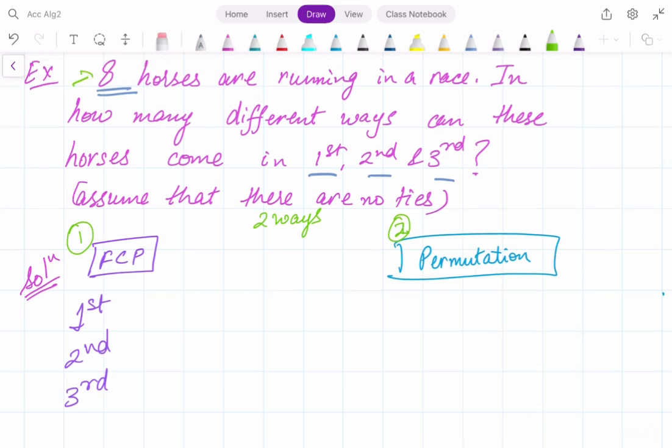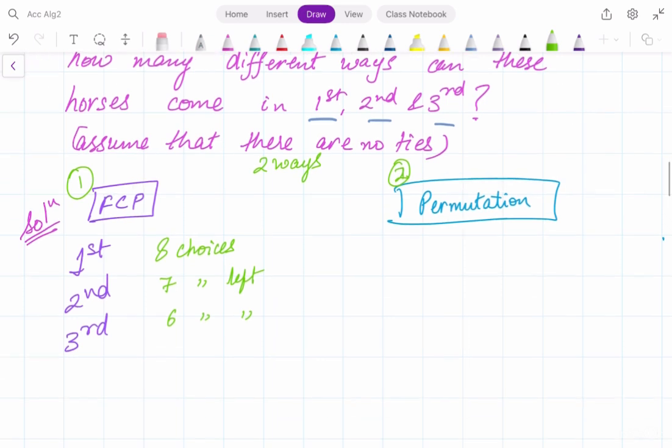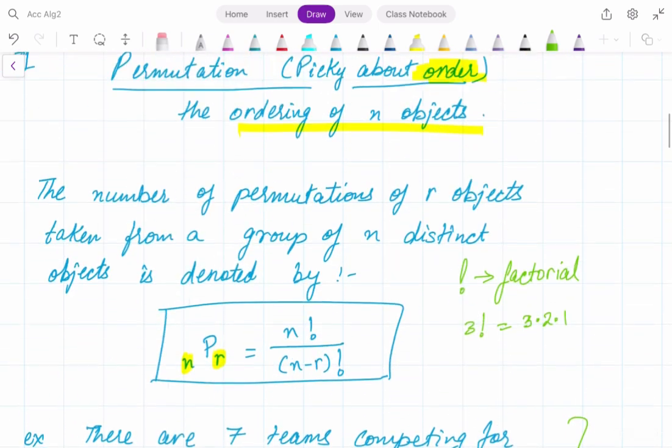We have 8, right? So for first, I have 8 choices. Now, the first position is taken care of. How many are left for the second place? 7 choices are left. Now the second position is also taken care of. How many are left for the third? Only 6 are left. So these are independent events: first choice, second choice, and third choice.